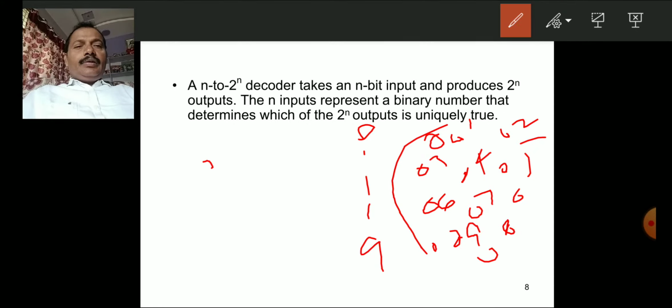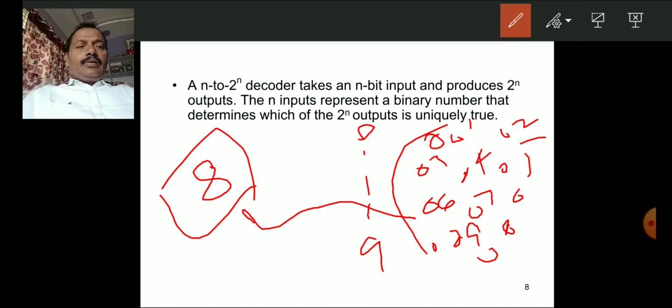For example, number 8 is given. Whenever number 8 is given as the house number, you identify that particular house, the 8th house. Similarly, whenever number 6 is given, the 6th house is detected.